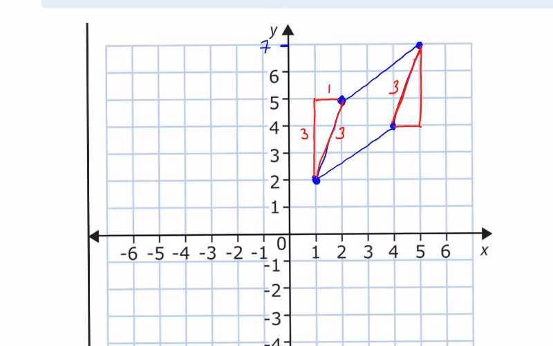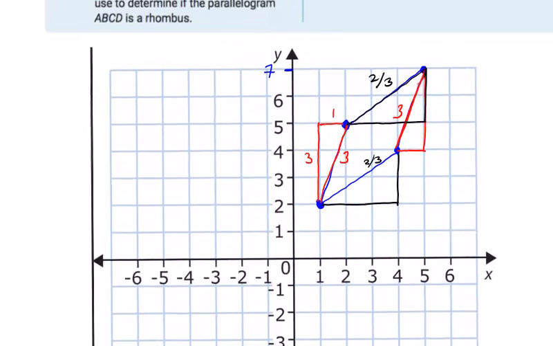What about the slope of my black lines? My black lines, the rise is 2 over the run, which is 3. So the slope of this line is rise over run, 2 over 3, and you can see the rise here is also 2 and the run is 3, so the slope of this line is 2 over 3.